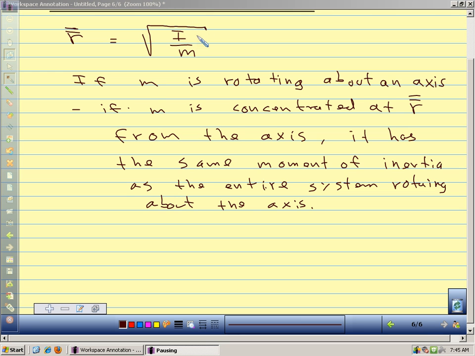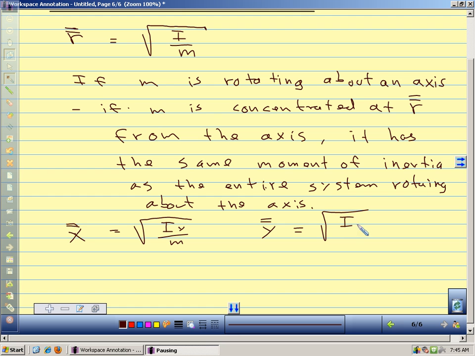We have a moment of inertia about the x-axis and about the y-axis. So depending on our axis, we can say x double bar is the square root of I sub y over m, and y double bar is the square root of I sub x over m.